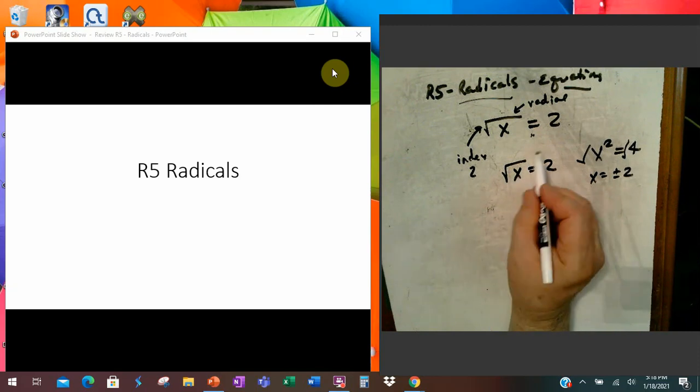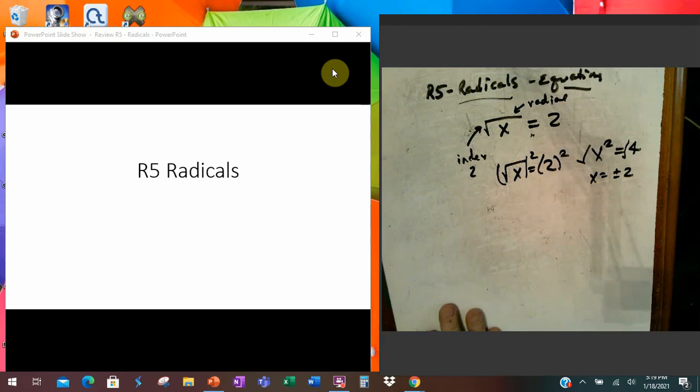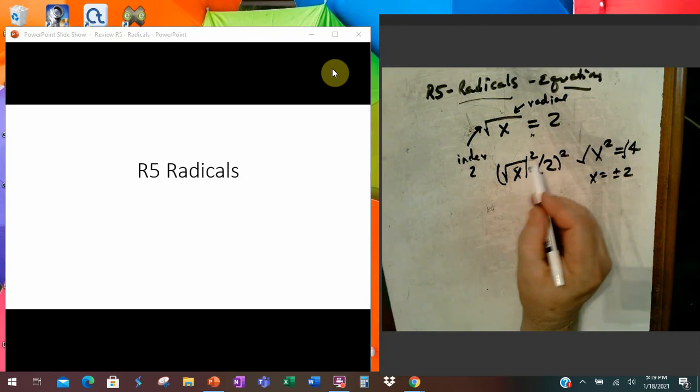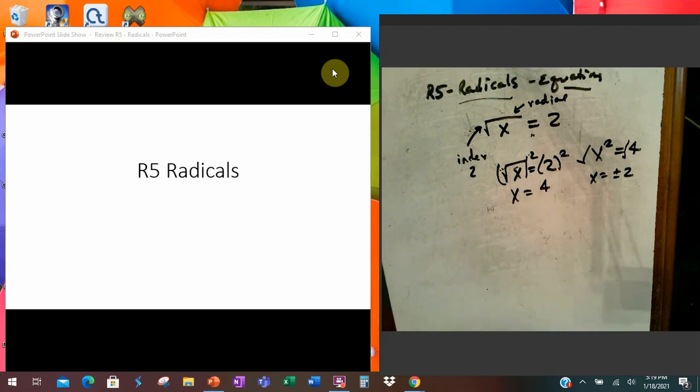Here I want to do somewhat the opposite. I'm going to square both sides, and that gets rid of this radical. This needs to be the same index number as understood here. So x would be equal to 4. And then I'm just going to check: does the square root of 4 equal 2? And that gives it to me.